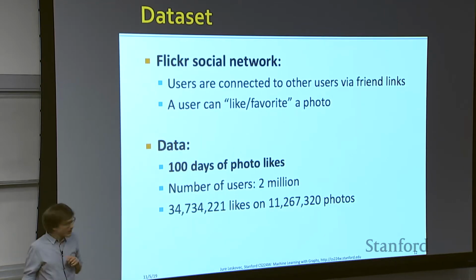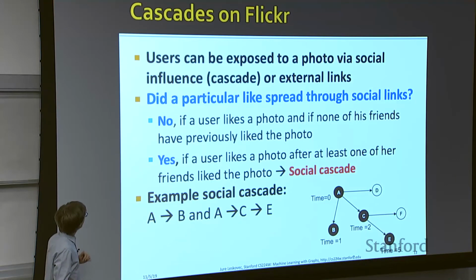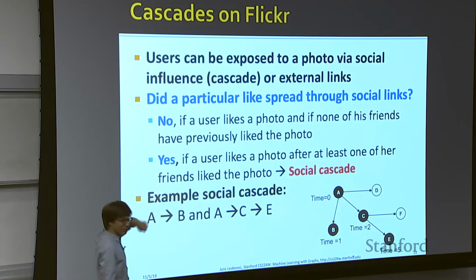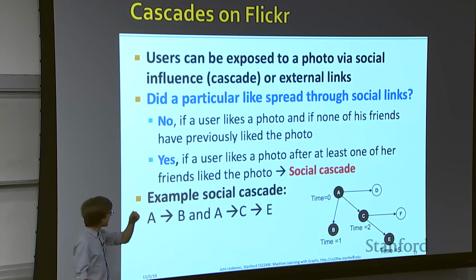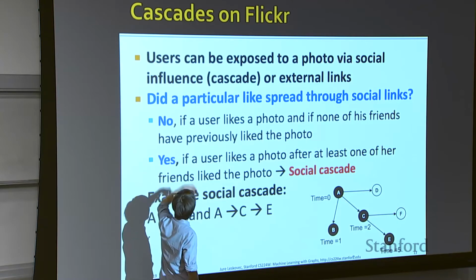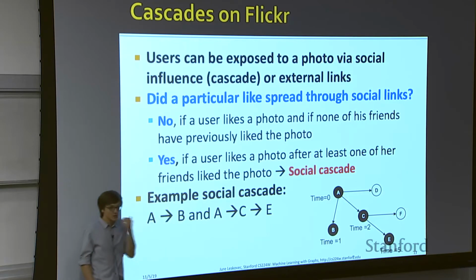The way the cascading process of liking photos works is the following. The question is, did a particular like, a favorite, a heart, spread through the social link? If a user likes a photo and none of their friends have previously liked the photo, then this was not social contagion.